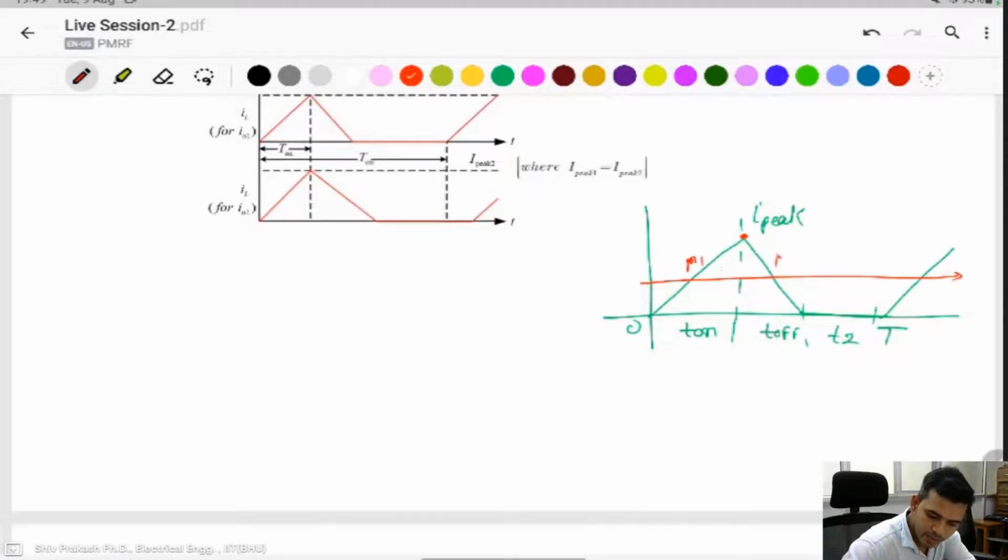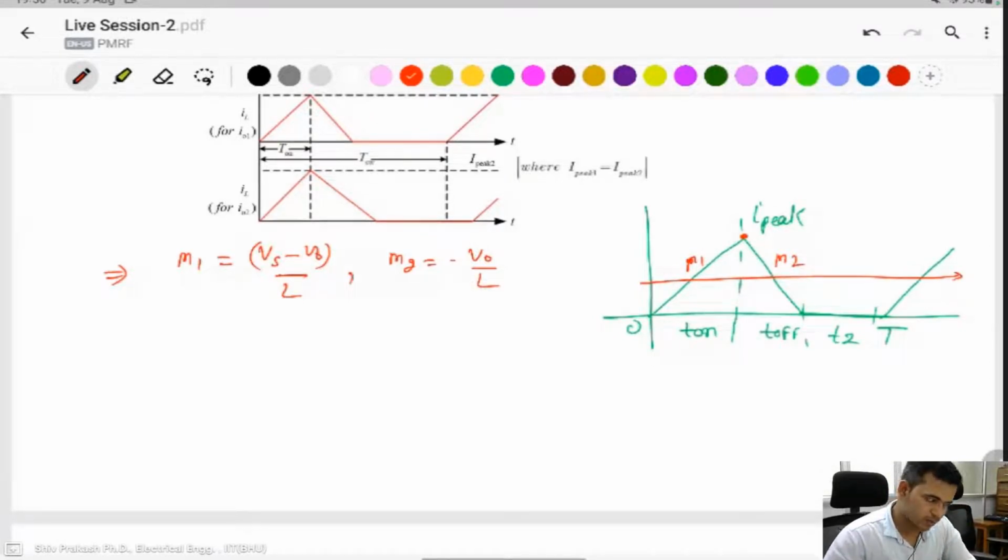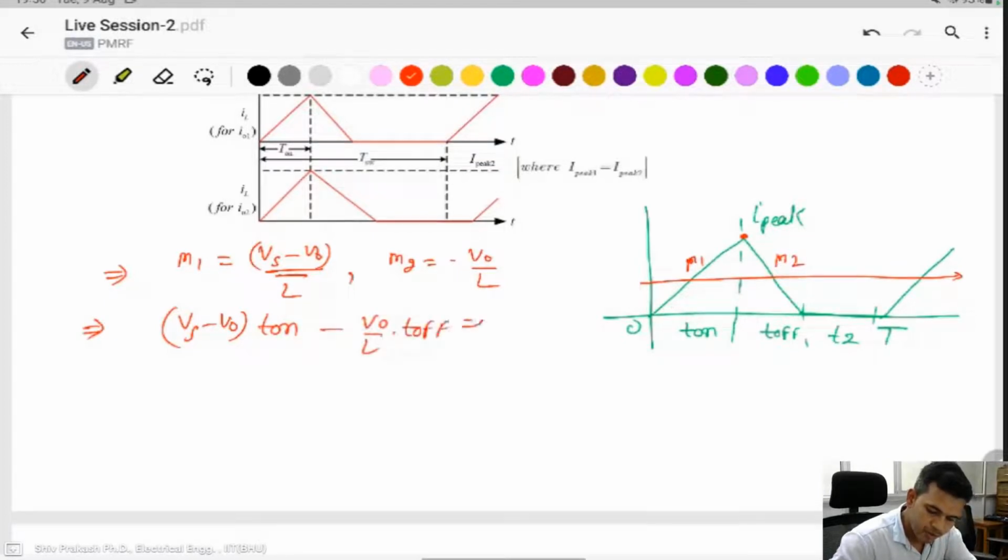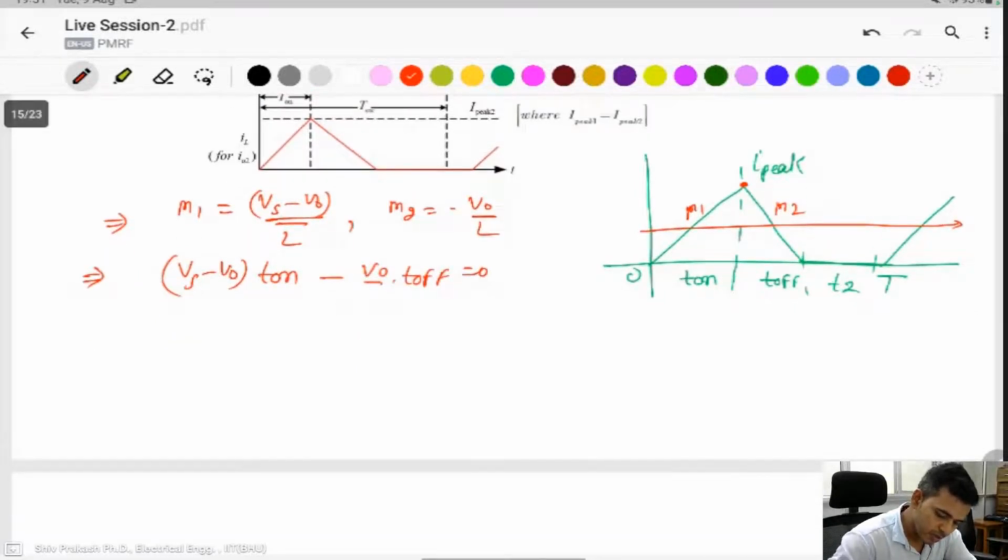If you call this one M1 and this one M2, you know M1 is equal to (Vs minus V naught) divided by L in a buck converter, and M2 is equal to minus V naught over L. You can apply the volt-second balance equation here. When the switch is on, (Vs minus V naught) into T on, minus V naught by L into T off should be 0 for the volt-second balance equation.